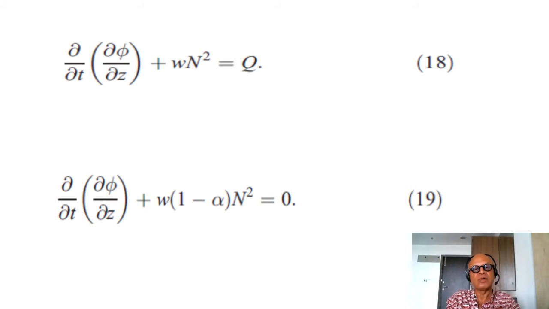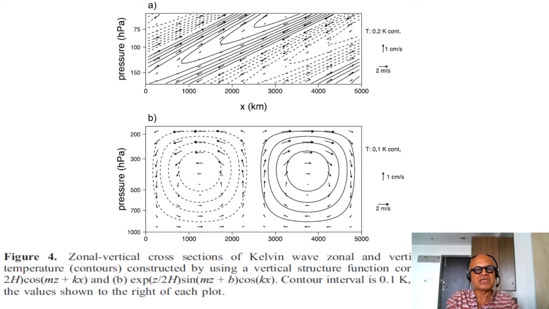So you can put two boundary conditions and derive two solutions, and they look remarkably different, but it's realistic in the sense that in the stratosphere here, for example, you can see the pressure levels, hectopascals, going from the surface to the top of the troposphere and above into the lower stratosphere. We are looking at zonal vertical cross sections of Kelvin wave, zonal and vertical wind vectors, and temperatures constructed by using a vertical structure function corresponding to two different boundary conditions.